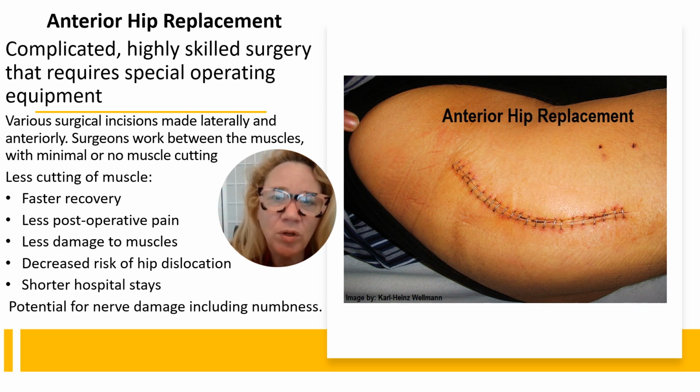The problem with the anterior hip replacement is the way that they do this procedure. They have these retracting tools that they use to pull back the muscle instead of cut it like they do in the posterior. And when they are pulling the muscles, they're also pulling the nerves, including the femoral nerve.